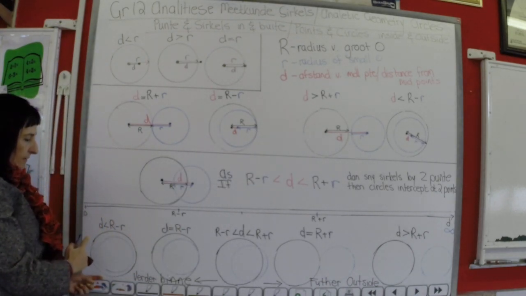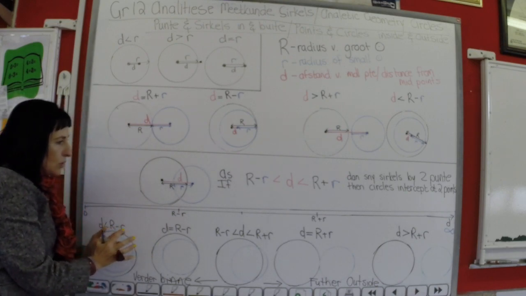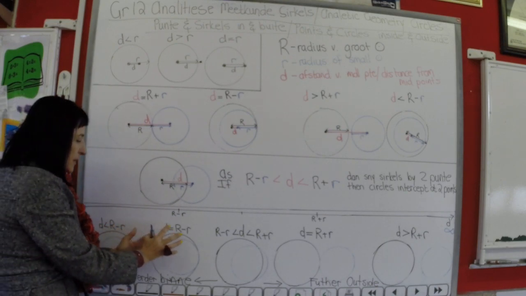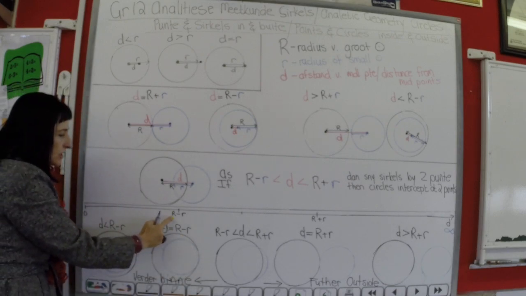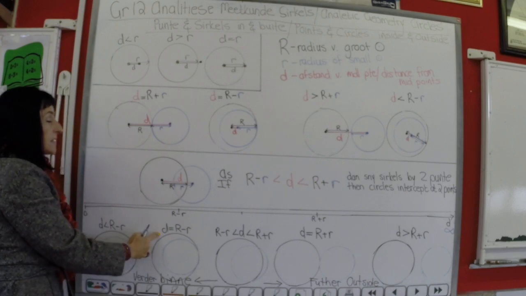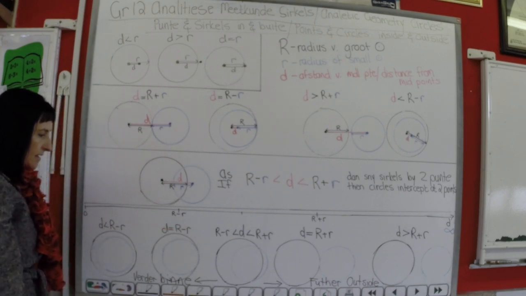I know that already. So when the smaller circle moves now to the outer side, it moves closer to this perimeter. When it touches the perimeter, then we are here, where D is exactly equal to big R minus small r.